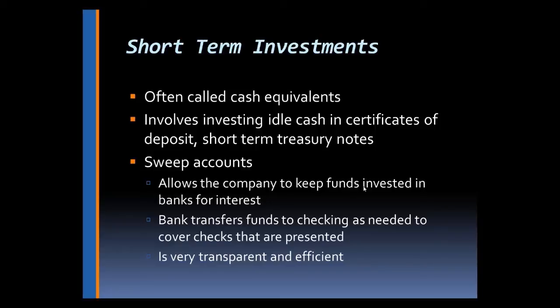These are widely used by larger companies, and it's a very good way to manage your short-term cash. So basically, at midnight on any single day, there would be no cash balance in the checking account. It would all be reinvested in the investment portion of the bank.